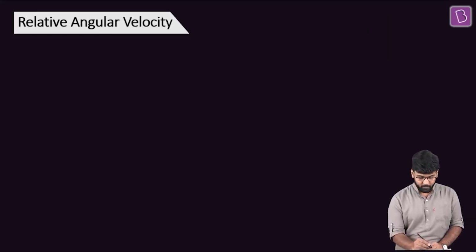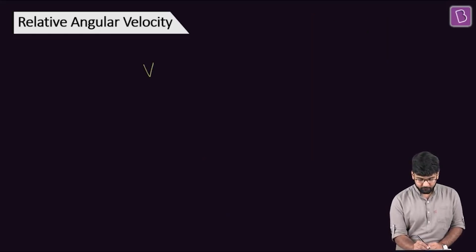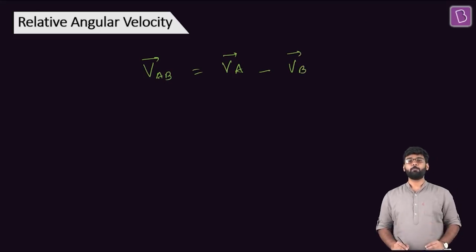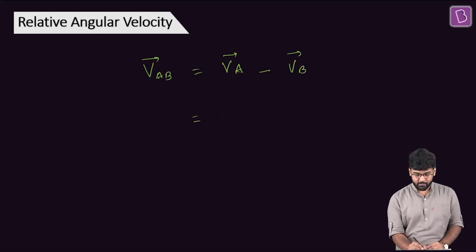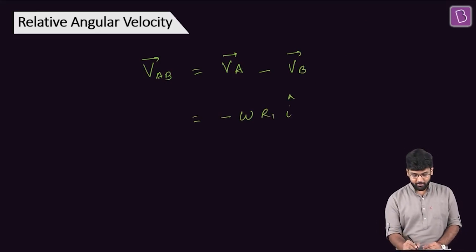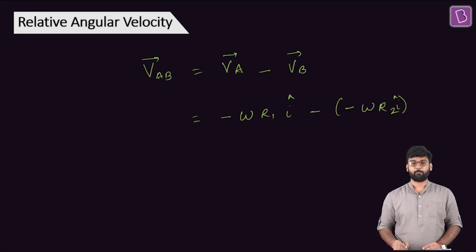So we can write VAB is VA minus VB, and we know both of these values, so we can write this as minus omega R1 I cap, this is the velocity of particle A, and minus of minus omega R2 again I cap.